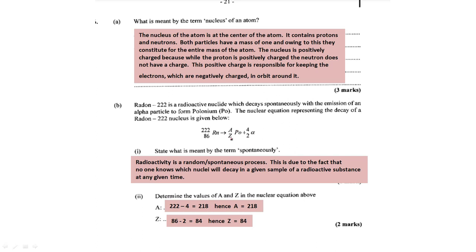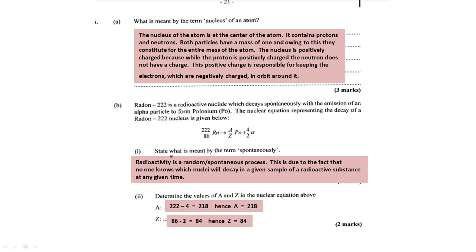All you have to do is make sure what is on the right is on the left. So if you have 86 down here, you want a number added to 2 to equal 86. The number added to 2 to get 86 is 84, since 84 plus 2 is 86. And for A, you want whatever number plus 4 to give you 222, and that will be 218. Basically, the calculations are right here.